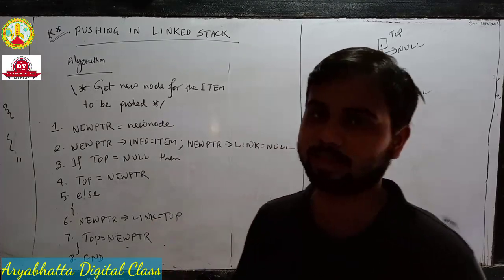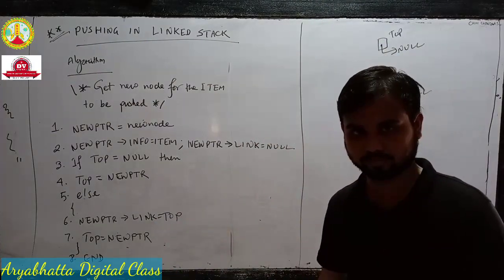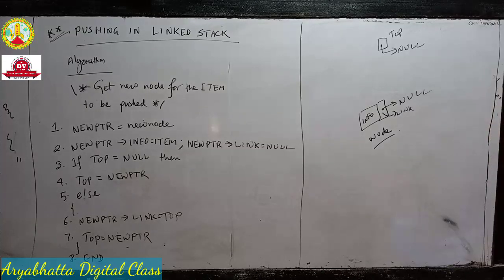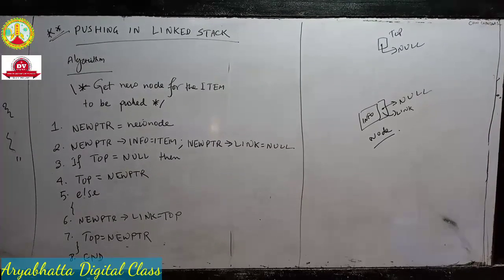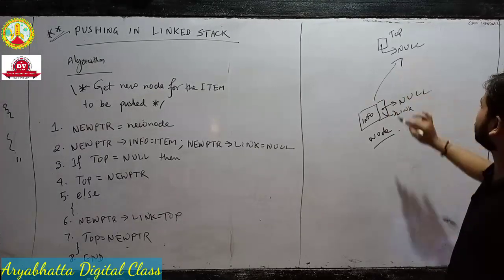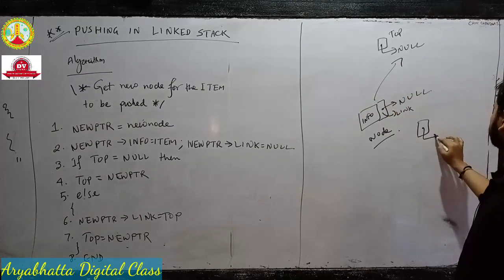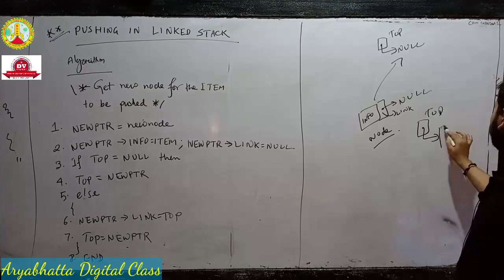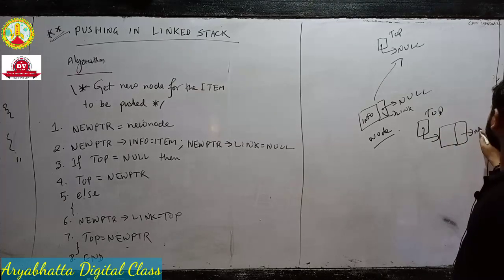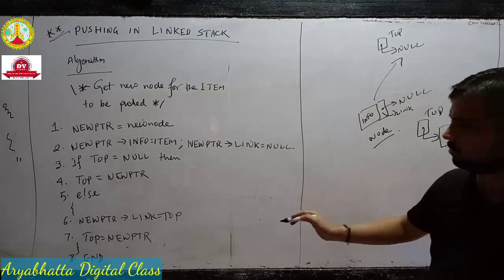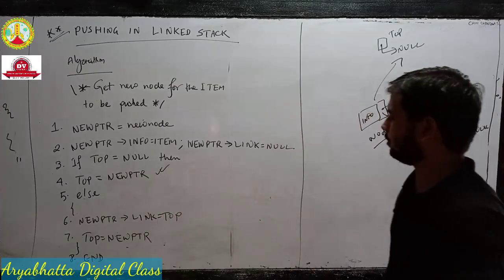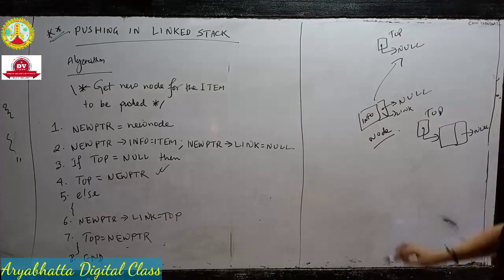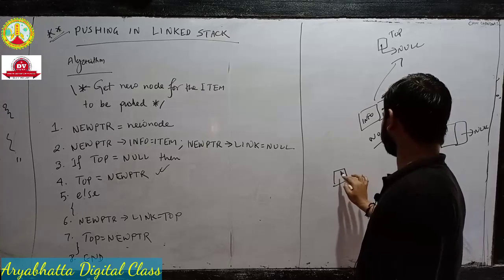That is the logic of main, in algorithm. I already told you many times. If top is equal null, then what? When you insert this in here, your top will be what? New BTR here. Okay.